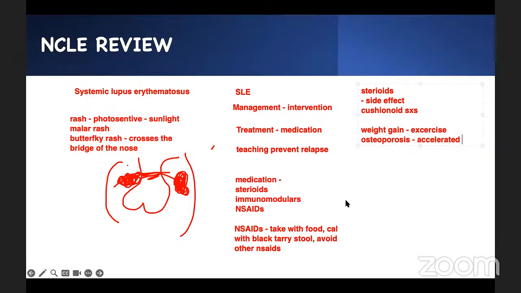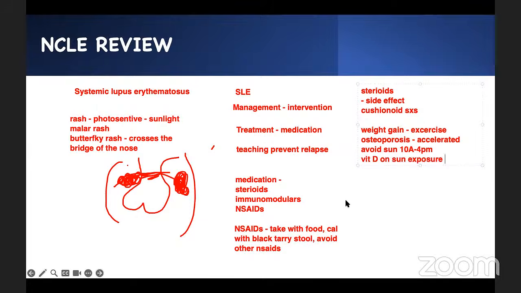So what do you teach? Of course, they're going to avoid the sun, 10 a.m. to 4 p.m. Remember, we make vitamin D on sun exposure.